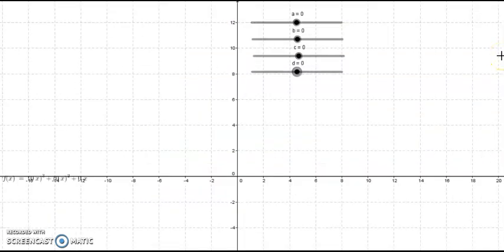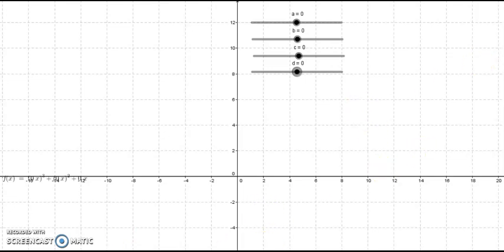I think we all have a fair knowledge of graphs, and for this exercise I would use the function ax cubed plus bx squared plus cx plus d to illustrate certain properties of functions.